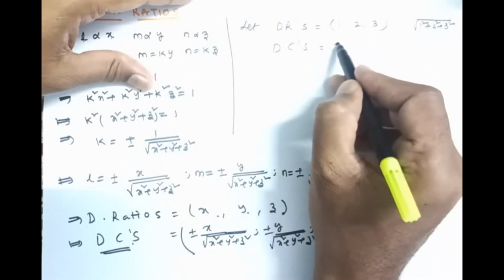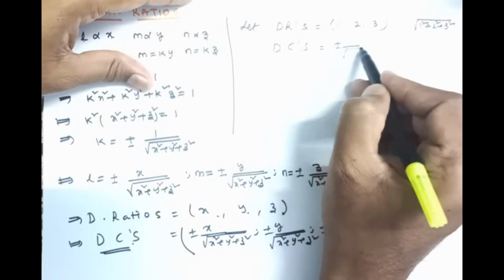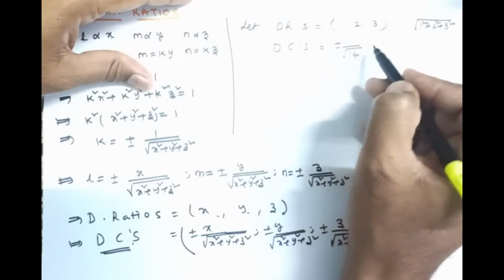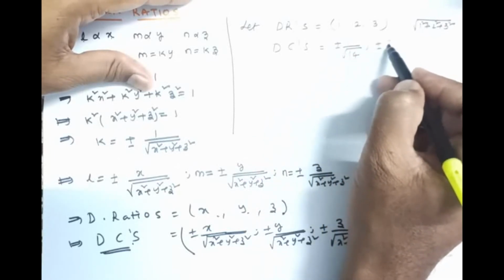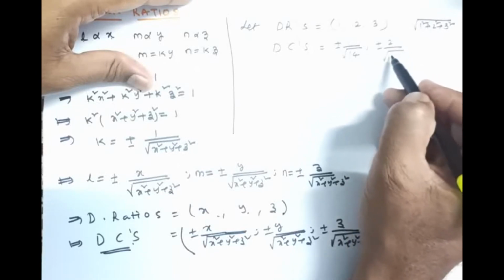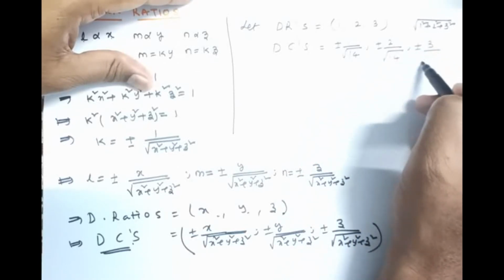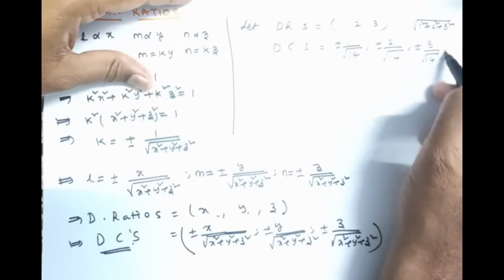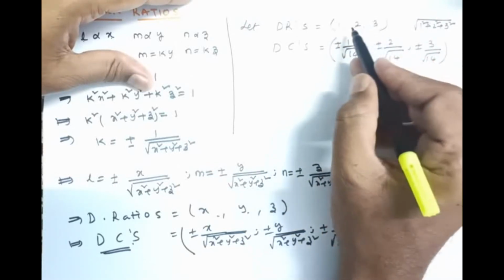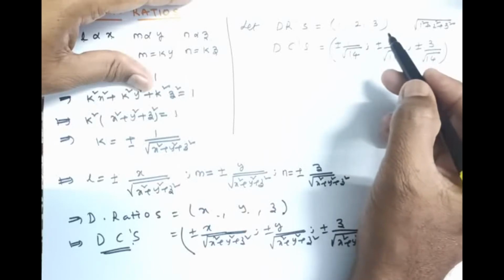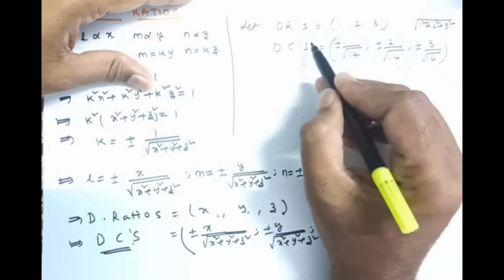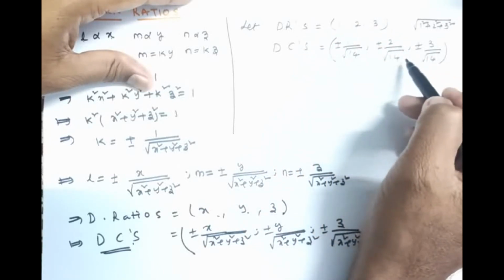So it is plus or minus 1 by root over 14, plus or minus 2 by root over 14, and plus or minus 3 by root over 14. Like this we can convert any three numbers, direction ratios, into the direction cosines.